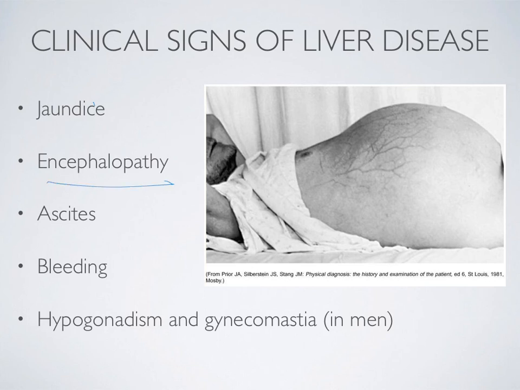Encephalopathy. This is basically brain damage. We don't fully understand how encephalopathy is caused by the liver, but because the liver is basically detoxifying, the metabolic byproducts that aren't eliminated seem to be toxic to the neurons.